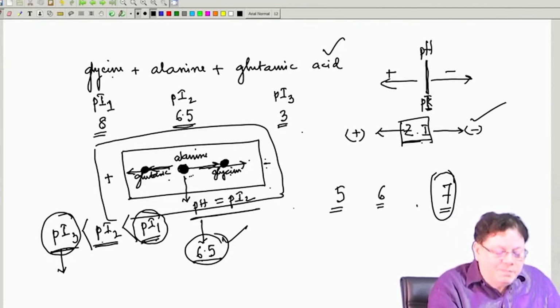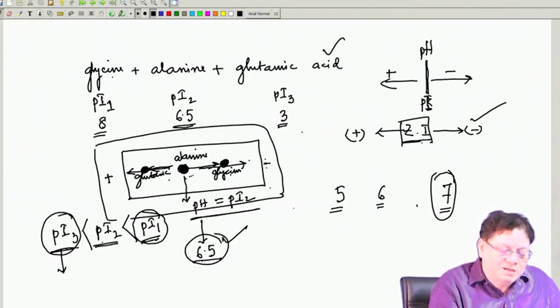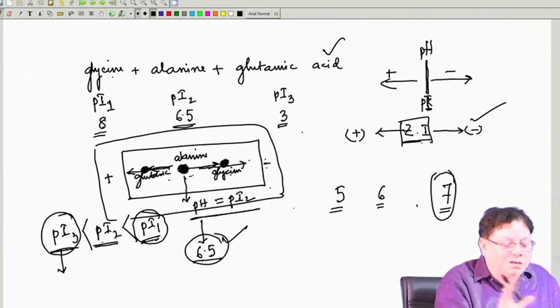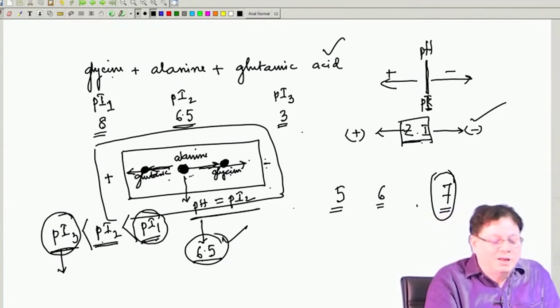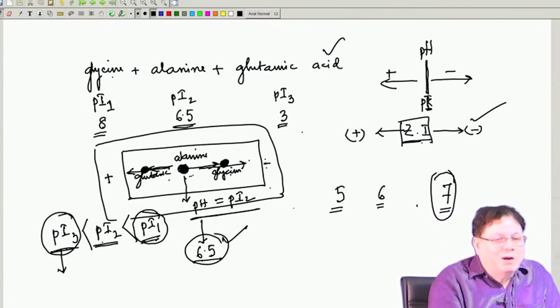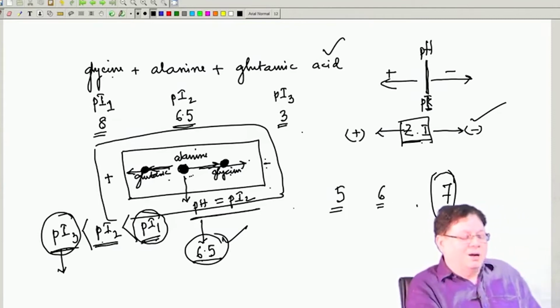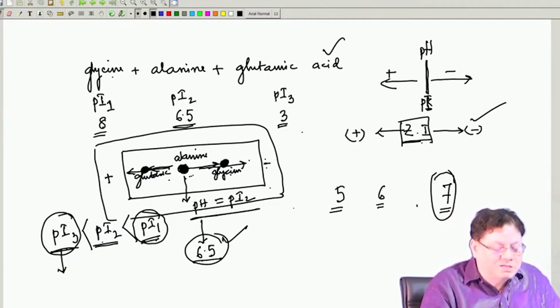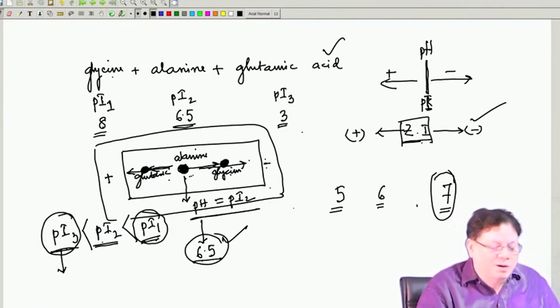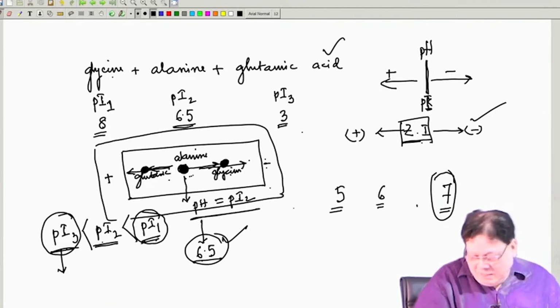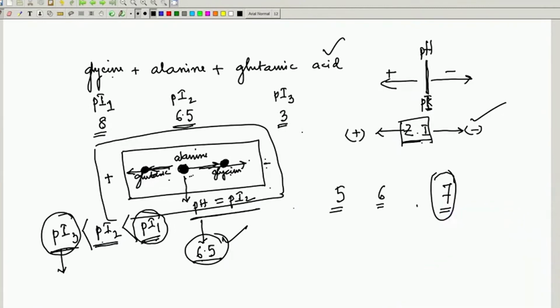In this case, it is the differential mobility of the amino acids which can allow you to separate them, but by applying this simple isoelectric point rule. Okay. For 3 you can take the middle one, but for 4 or 5 or more amino acids, you have to do a longer electrophoresis, so that they become separated one after another. Okay. So, that is the use of the isoelectric point.